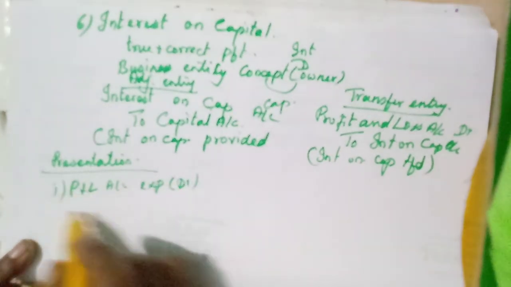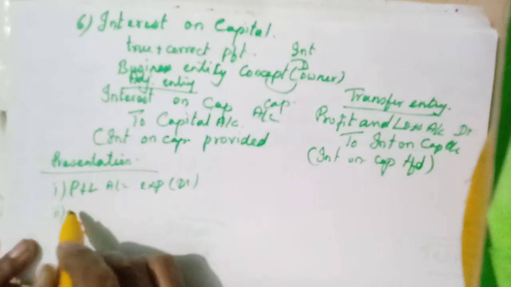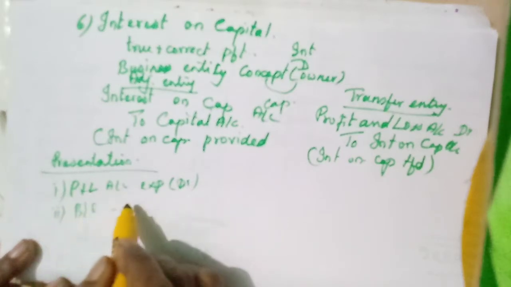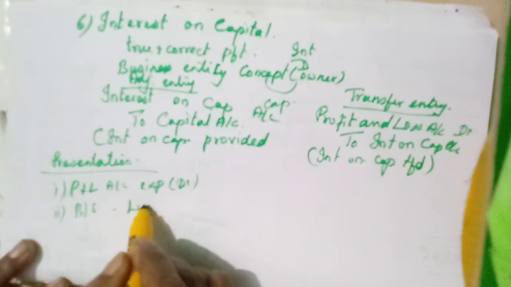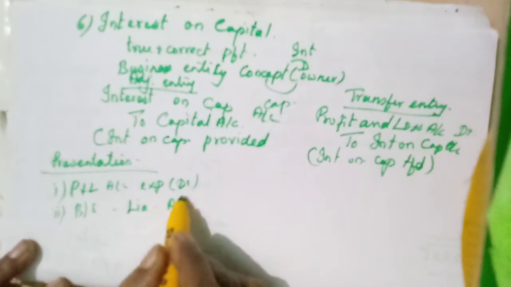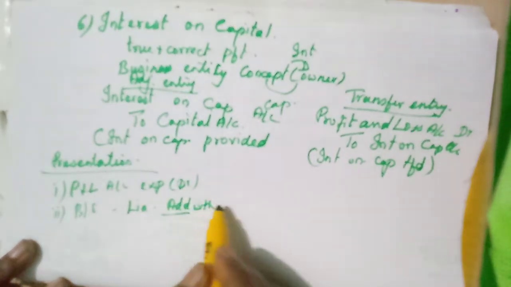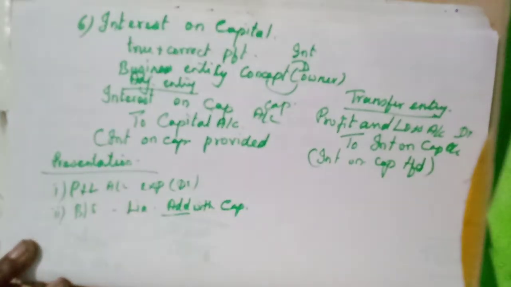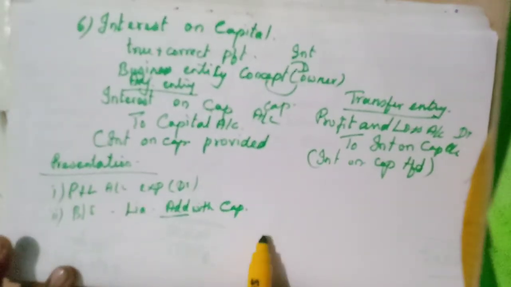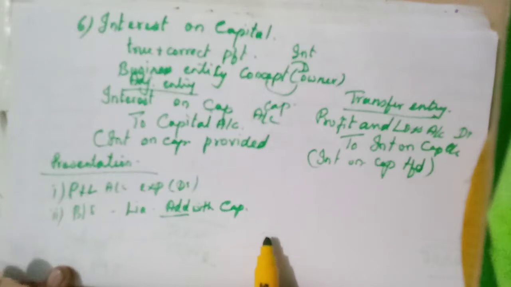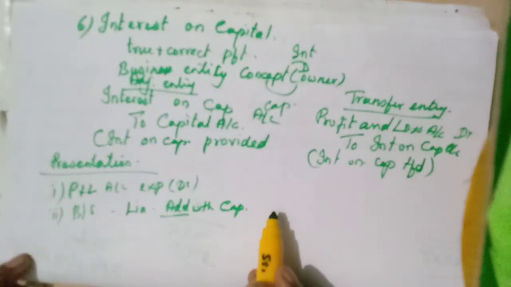Then second place, it will appear in the balance sheet on the liability side. We should add along with the capital account. First we should write the capital, add interest on capital.